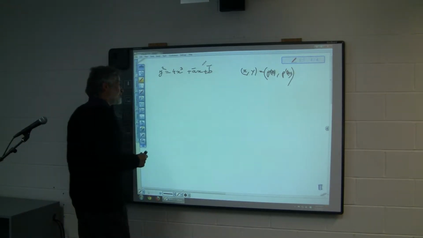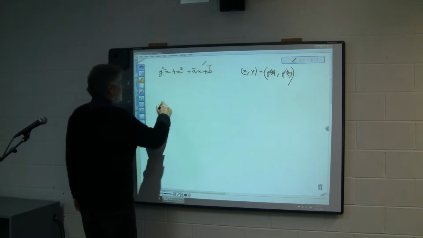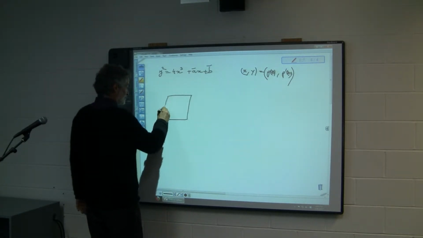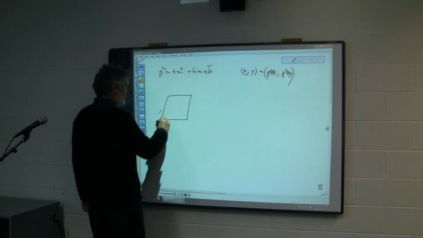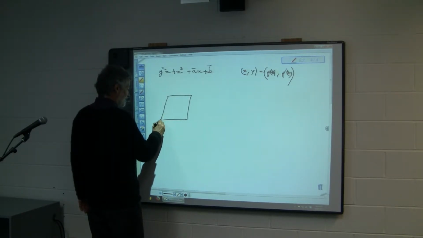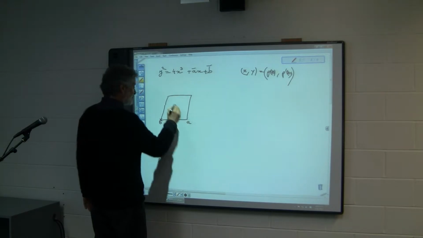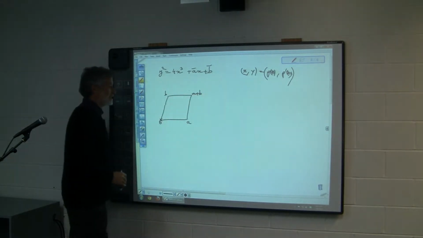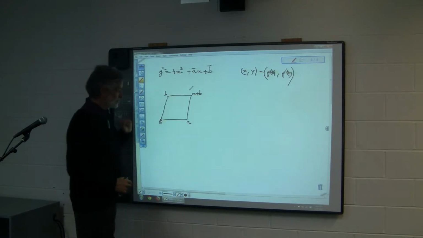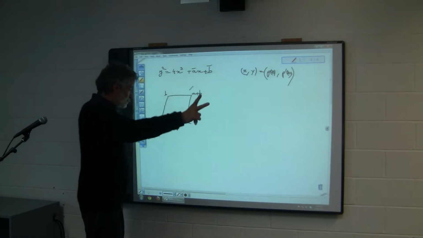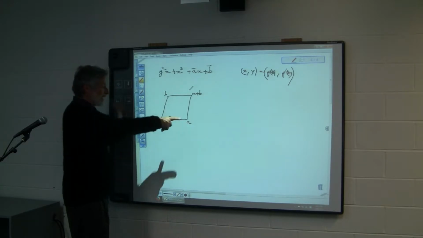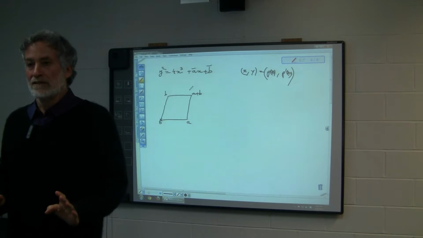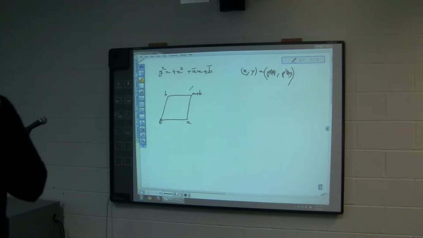Well, so we have our little torus. Remember, we started in the complex plane. Here is 0. Here's A, and here's B. Here's A plus B. So we take the quotient of the complex plane by the lattice generated by these points A and B. It gives us a torus.